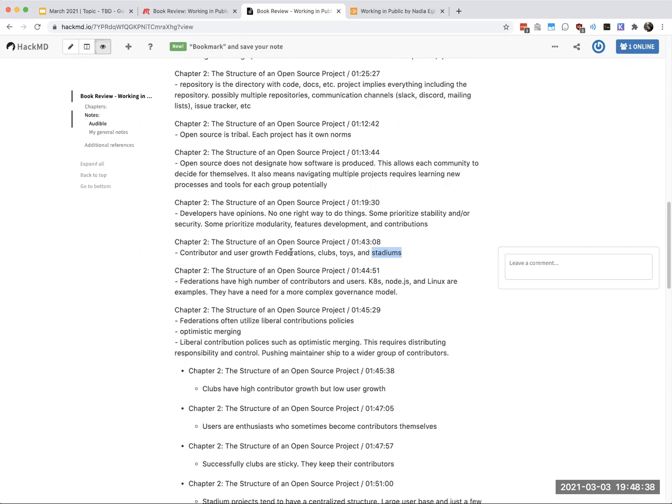But Kubernetes, the Linux project itself, and Node.js were a few examples. They didn't note Kubernetes, but I know that's one that would be thought of as that. And I don't have any club examples here, but for stadiums, there are projects that are really big, with hundreds of thousands of users, or that are used by a large number of other big projects.